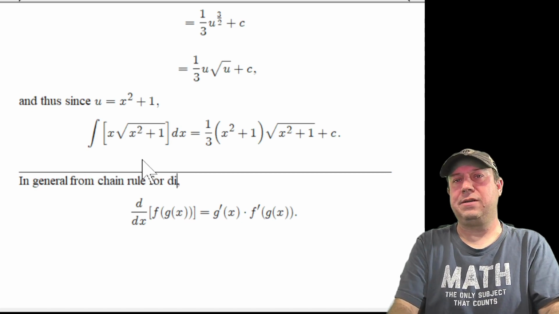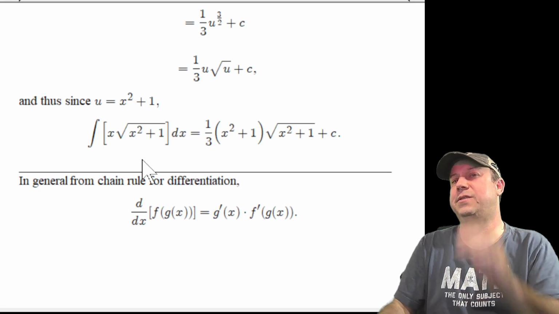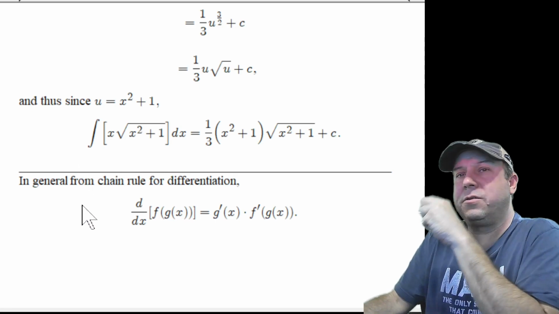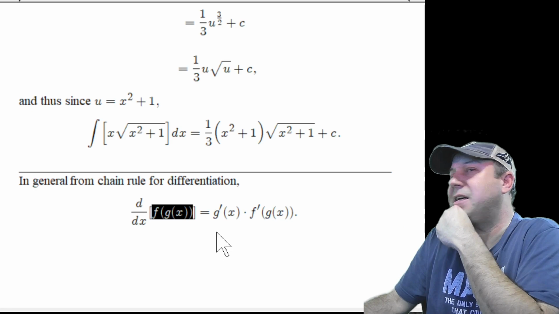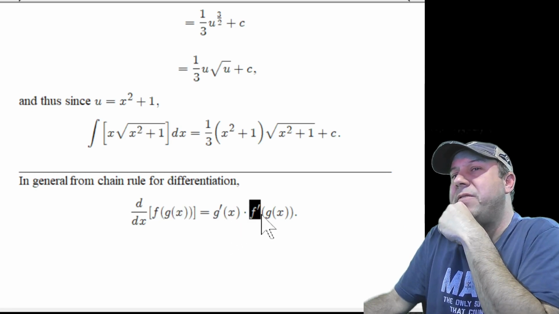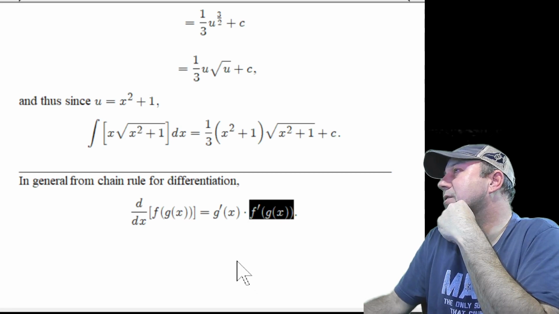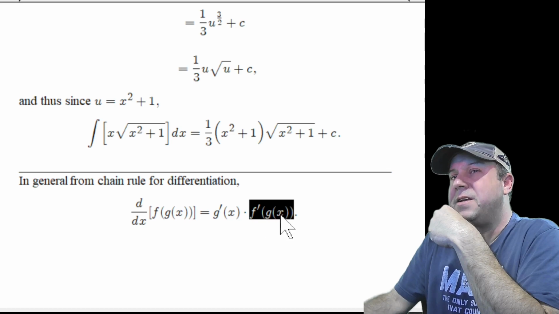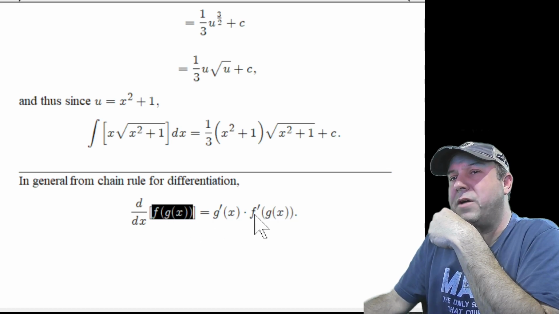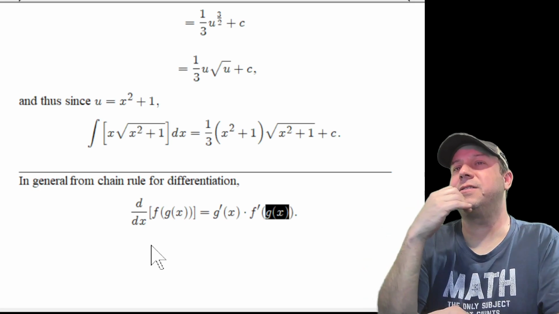for differentiation, right? Let's say we know the derivative with respect to x for the composite of f with g at x is g prime of x times f prime evaluated at g of x. It is the interior function's derivative times the exterior function's derivative reevaluated at our interior g of x.